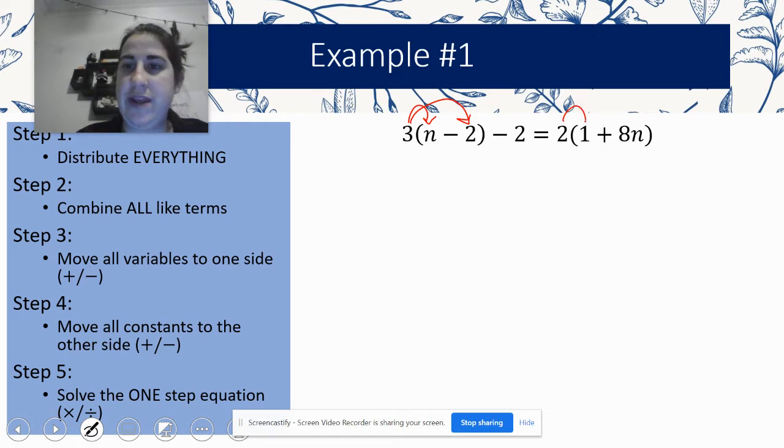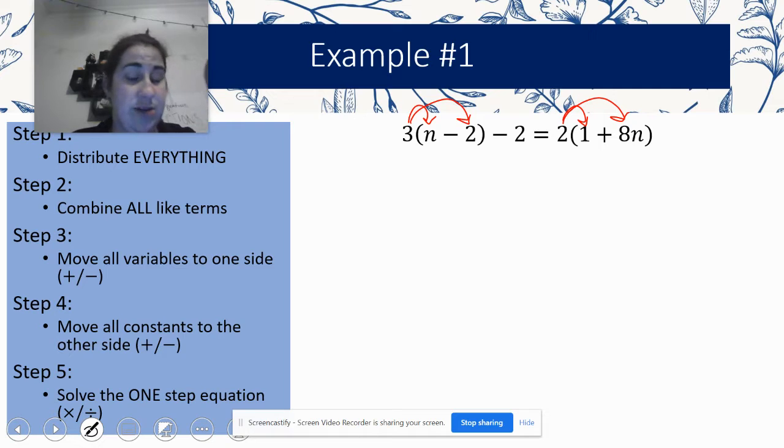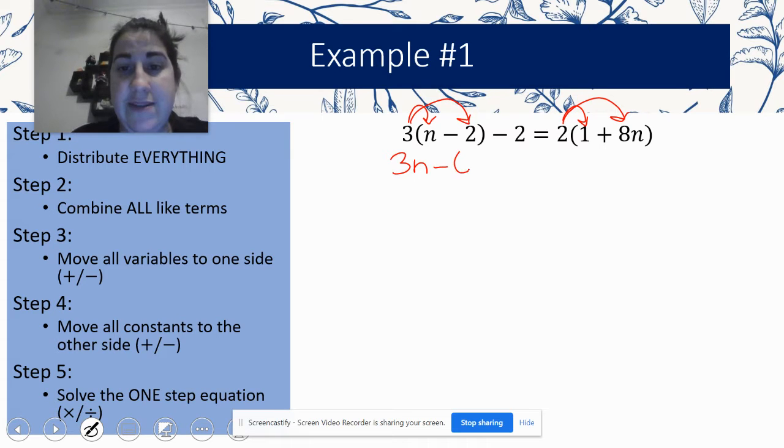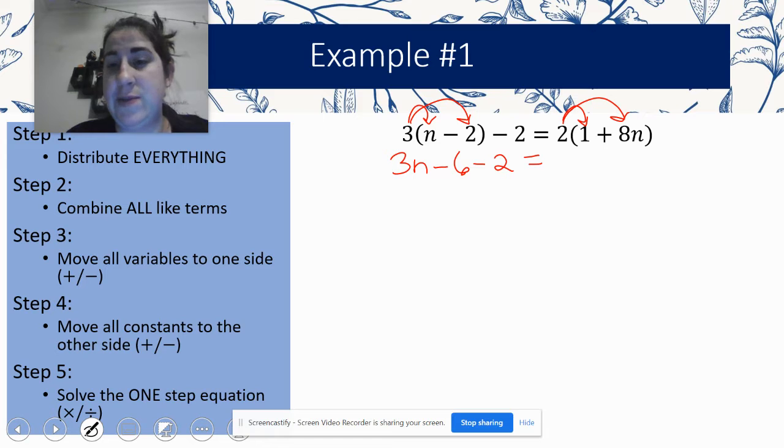And when I'm distributing, I am multiplying the outside term by the inside term. So 3 times 3n gives me 9n. 3 times -2 gives me -6. And minus 2 times 1 is -2. Positive 2 times 8n gives me 16n.